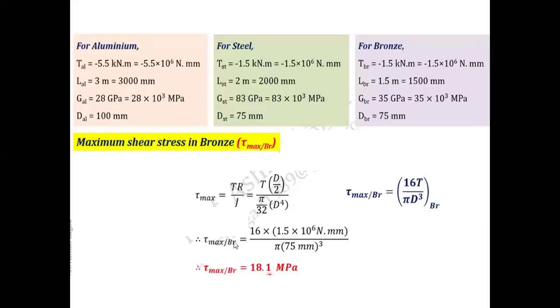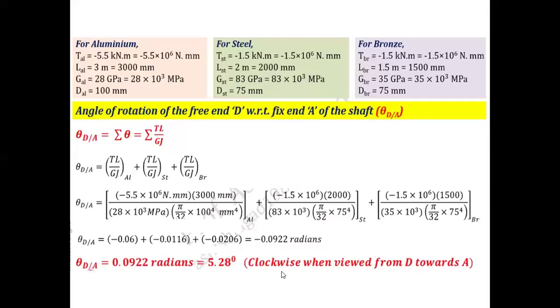Similarly, for bronze, if you put the values of torque and diameter, 16 into 1.5 into 10 raised to 6 Newton mm upon pi into diameter for bronze, 75 mm, you get 18.1 megapascal. So we can calculate shear stress by applying the equation tau max equal to torque into radius upon polar moment of inertia. Now next, to calculate the angle of twist, so what do we have?